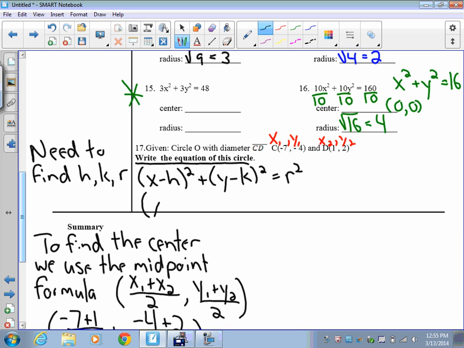So I have negative 3 and negative 1. So right away, to fill this out, h is negative 3, k is negative 1. Now I need to solve for r.